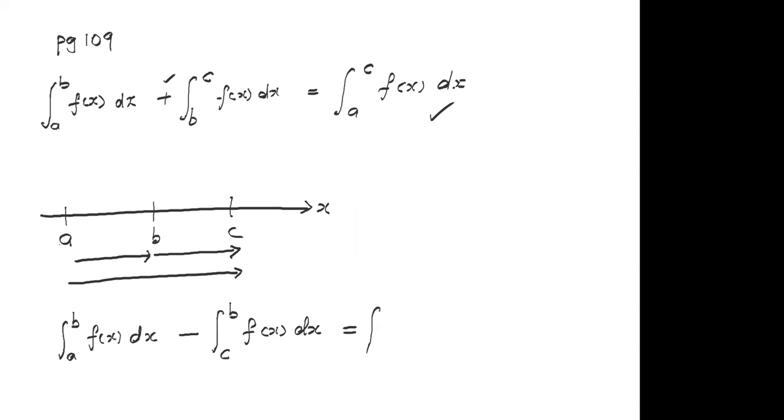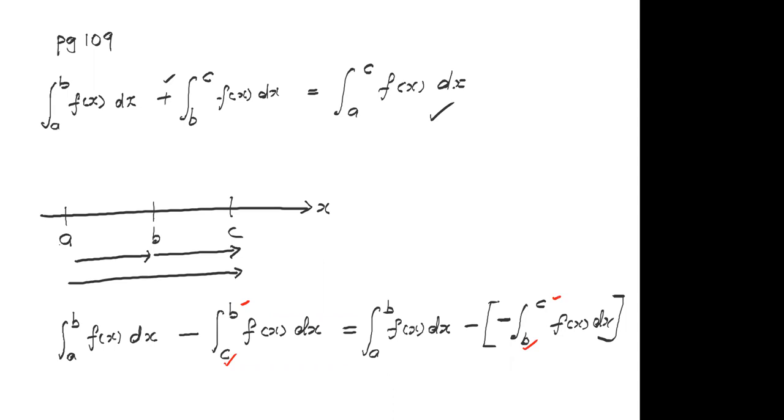So I will simplify this as A to B fx dx, take away. Now, if I change the limit, I put B on top, at the bottom, C on top, what should I do to this sign? I should put a negative, correct? I change the limit. If I change the limit, I have to change the sign.